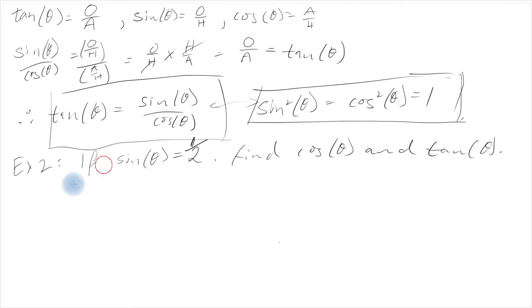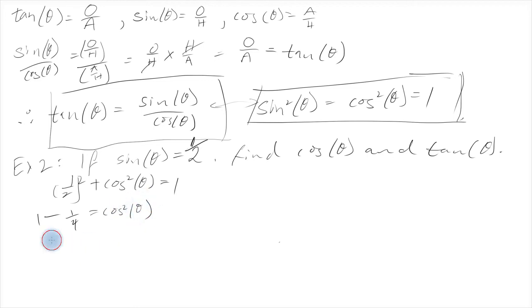Okay, so first we'll find cosine using the Pythagorean identity. So we know that sine is a half, so that'll be a half squared plus cosine squared of theta equals 1. So that's a quarter. So a quarter, and then we'll do the minus. 1 minus a quarter equals cosine squared of theta.